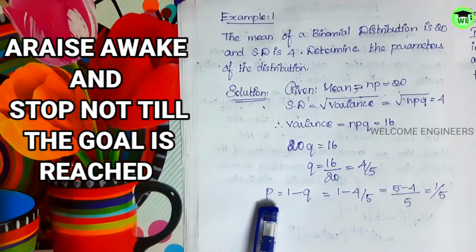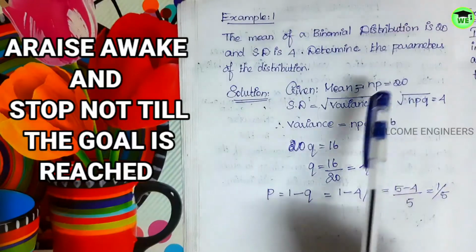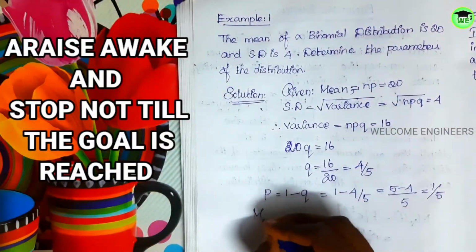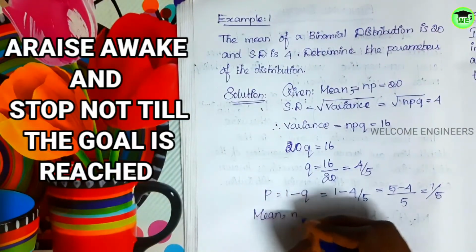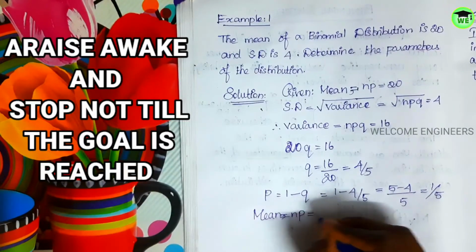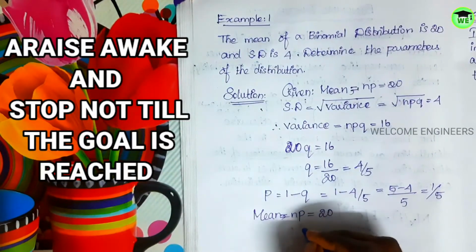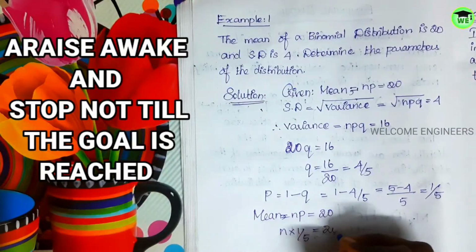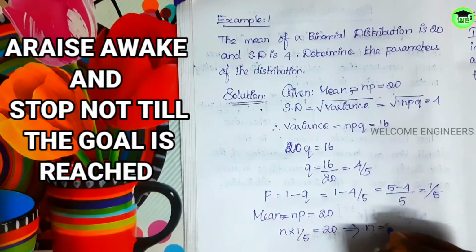Now we have to find the n value. For that, take the mean, np is equal to 20, and substitute the p value. So n into 1 by 5 is equal to 20. Therefore n is equal to 100.